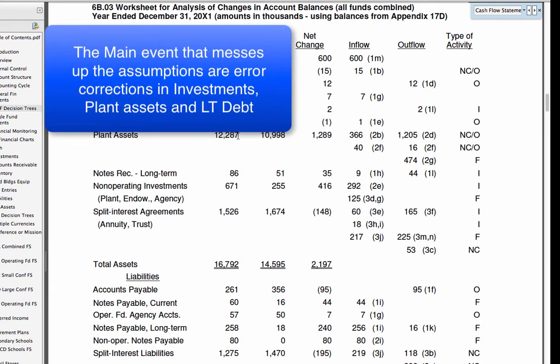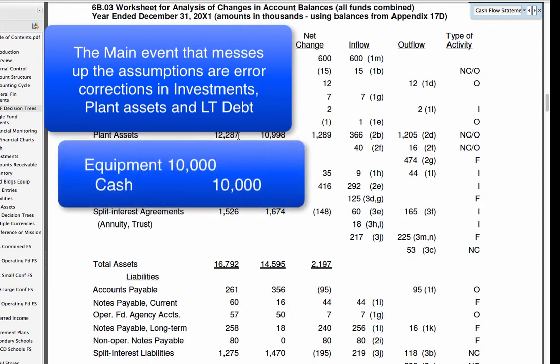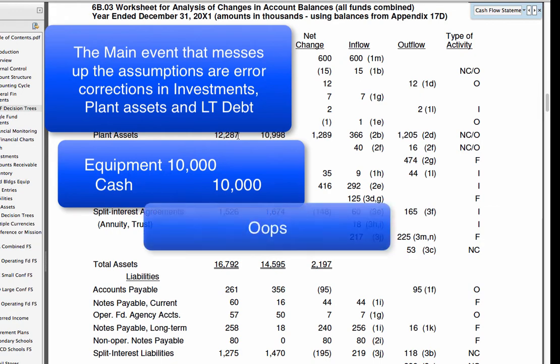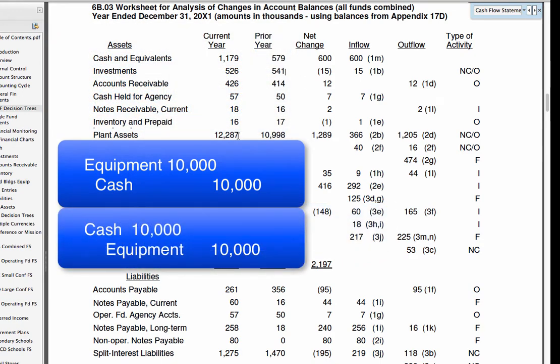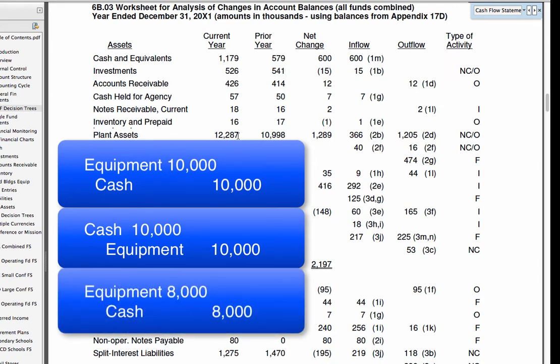Okay, so say hypothetically I bought a plan asset for $8,000, and for some crazy reason I recorded it at $10,000, and then I said, oh, that's not right, and I reversed that incorrect entry and recorded the right entry.